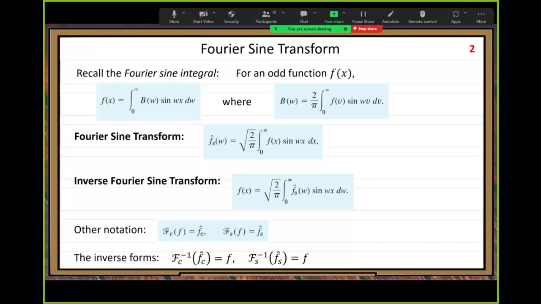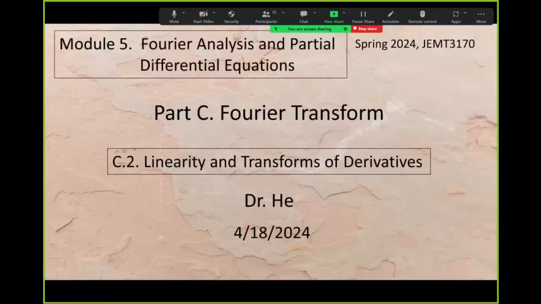Now the preparation should be very close to the point. But let's look at another section, C.2, linearity and the transforms of derivatives, properties. Linearity is very simple.